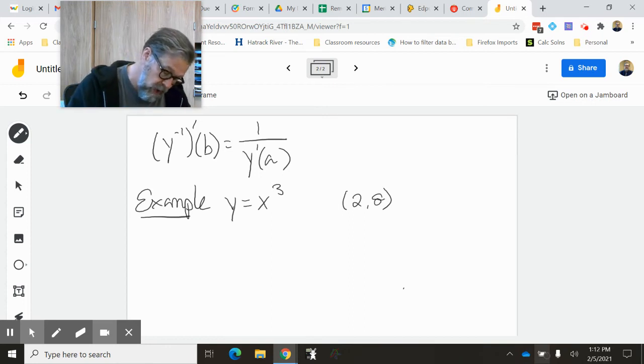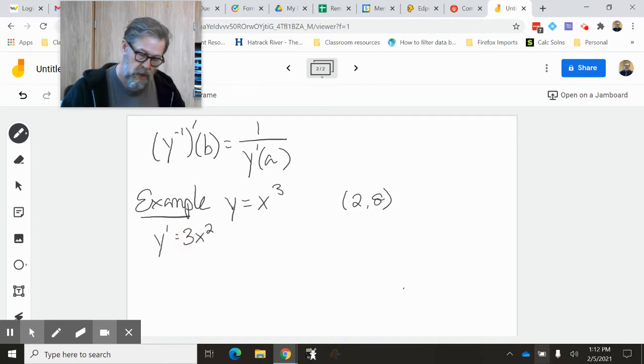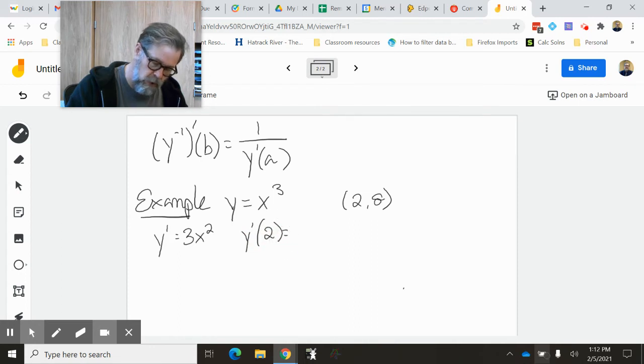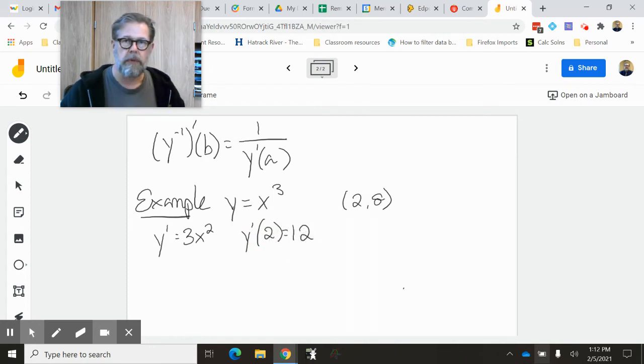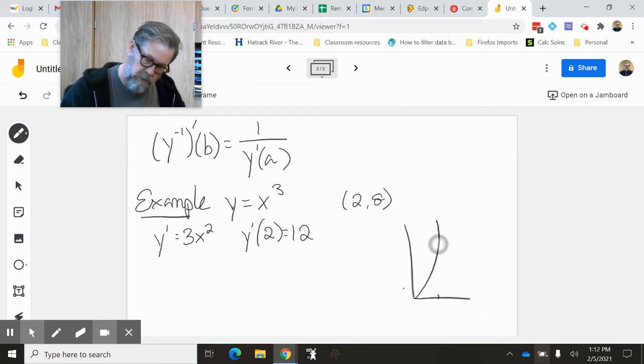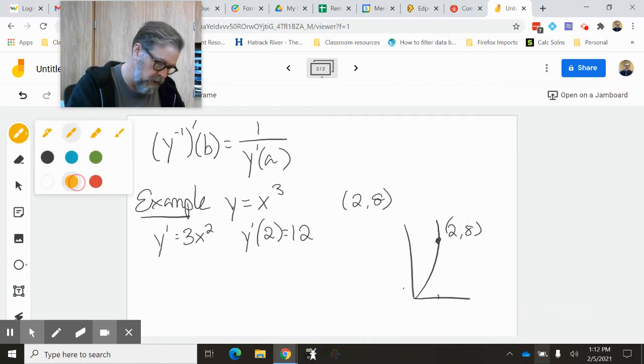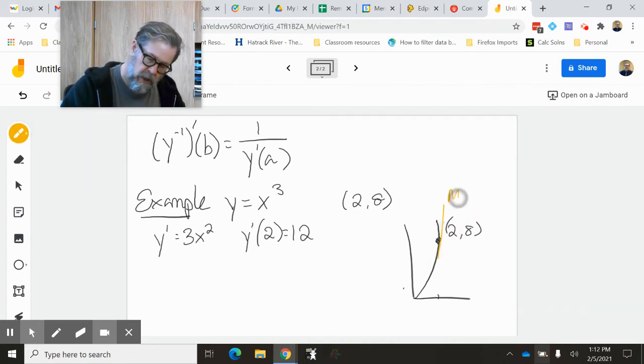So the derivative of the original function is 3x squared. So the derivative at x equals 2 is 12. All right, so looking at my graph, if I graph y equals x cubed, there's a point 2 comma 8. And the slope of this tangent line, m equals 12.